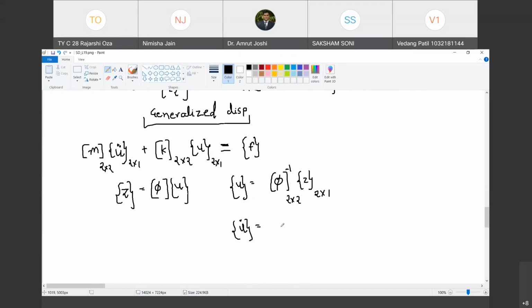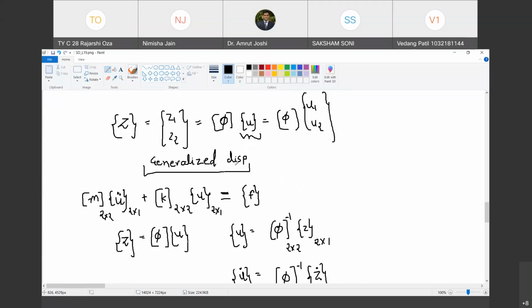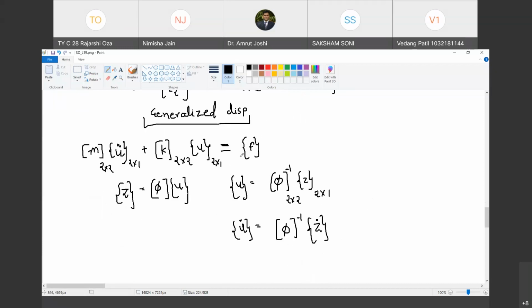This must be equal to phi inverse, a matrix of scalars, which will remain as it is, and z will now become z dot. This consists of two terms, z1 dot and z2 dot, where z1, z2 are generalized displacements, and z1 dot and z2 dot are generalized velocities. Do you agree with me?